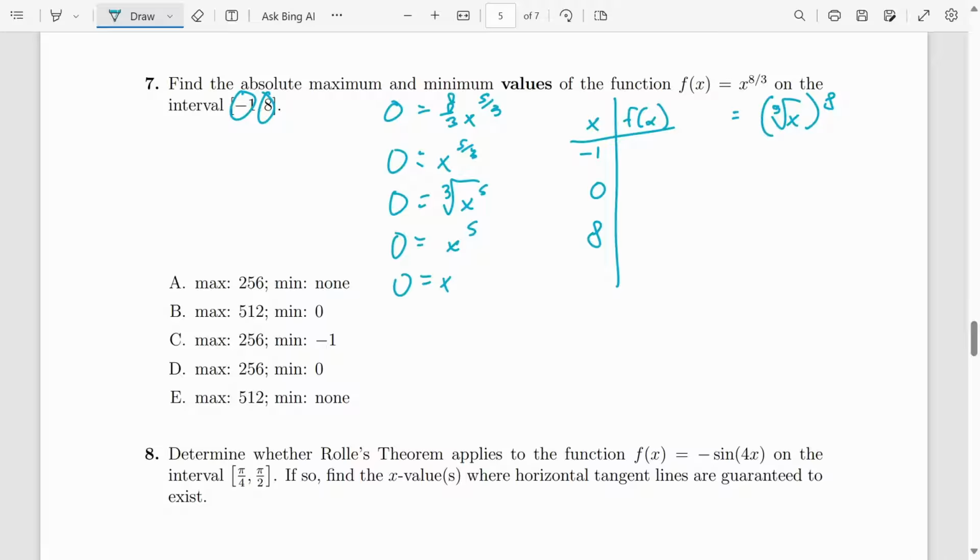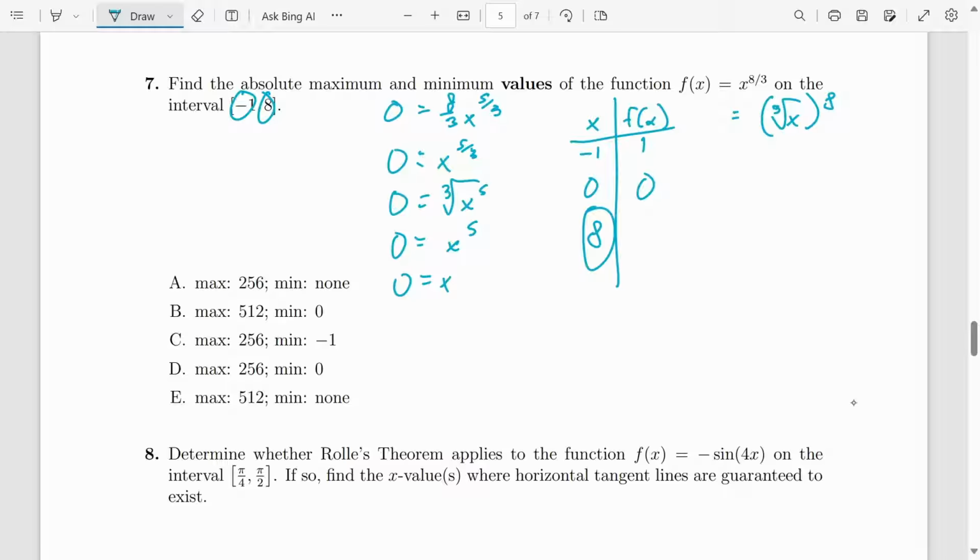So, all right. So -1, the cubed root of -1 is just -1, and -1 to the 8th power is 1. Cubed root of 0 is 0, and 0 to the 8th is also 0. And whoops, I just erased stuff. That's supposed to be a 0. Cool.